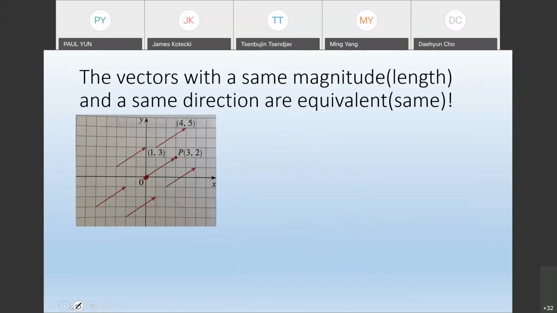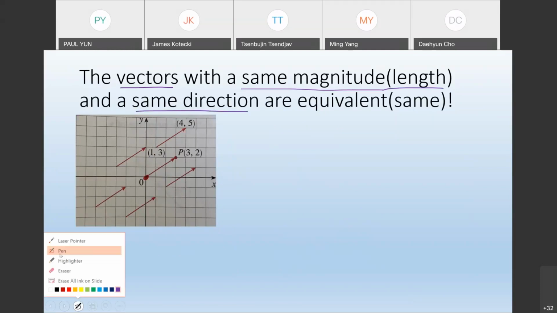So let's start from just basic stuff. I took some pictures here. Vectors with the same magnitude and direction, they're the same. So basically, these are all the same.